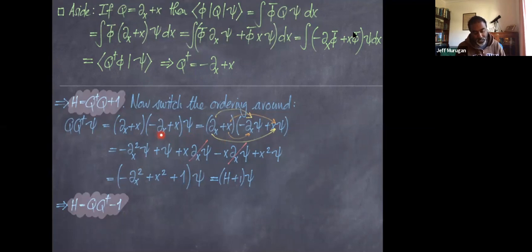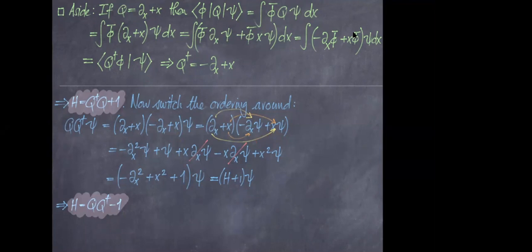So minus dx plus x acting on psi is minus the derivative of psi plus x times psi, because x is just a number, right? Are you with me? Yes. Good.